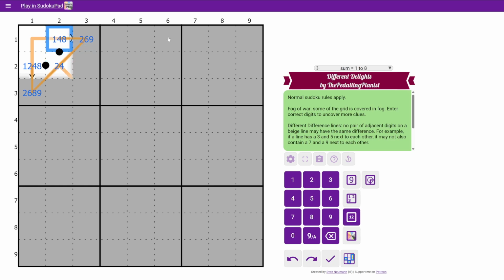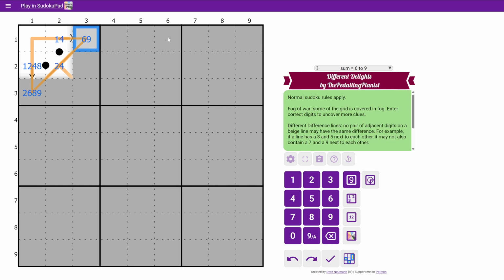So this cannot be 8, 2. Can it be 8, 2 the other way? If this was 2, this would be 8. This would be 4. This would have to be 2 again. So no, it cannot. 2, 8.